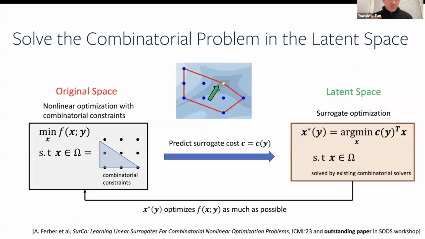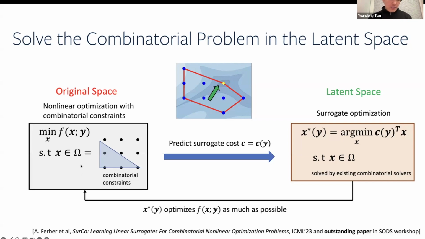But what we can do here is map everything to latent space. And then in this latent space, we want to solve a surrogate optimization problem, so that it will give you a solution that directly optimizes the original nonlinear functions as much as possible.